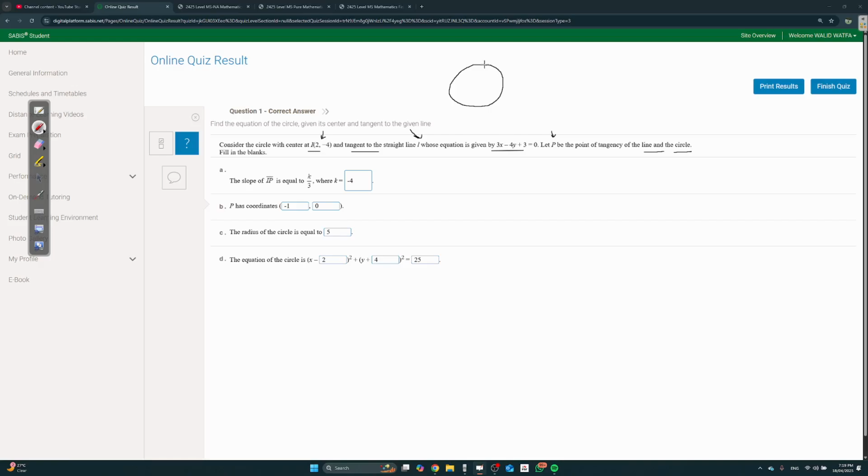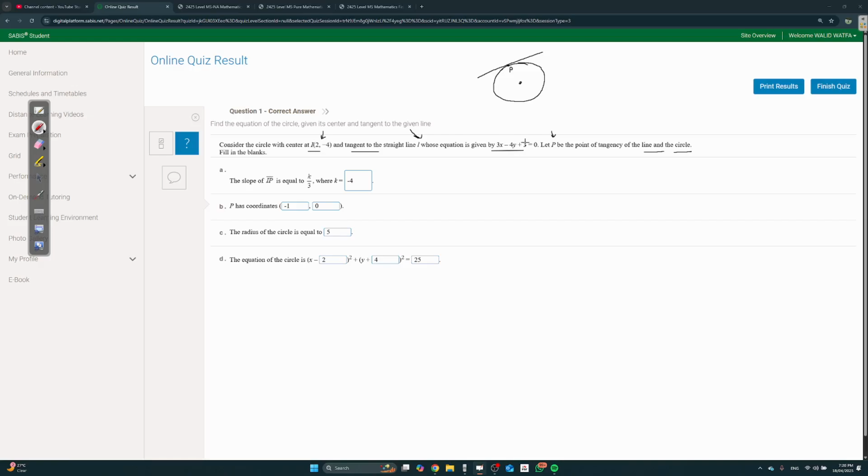You have the circle, and it's tangent to this point P over here, and you know what, let me put it on the other side. If you have a circle, it's tangent to the point P over here. This is P, and this is the line 3x minus 4y plus 3.